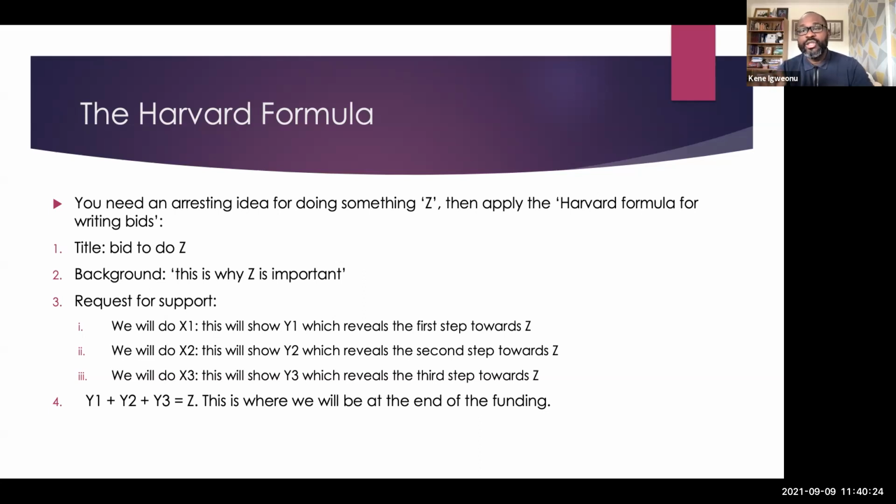So all your research questions, the three or so that you have, will at the end of the day result in the impact, which is the Z that you set out at the very beginning to address, and which the funders also set out to address through funding your project.